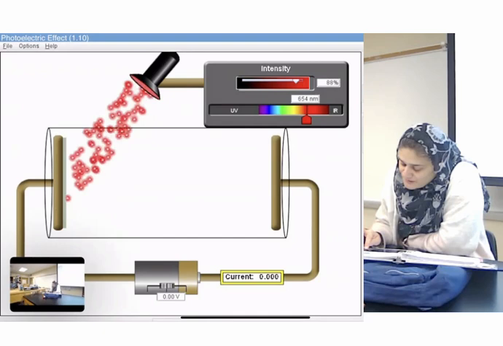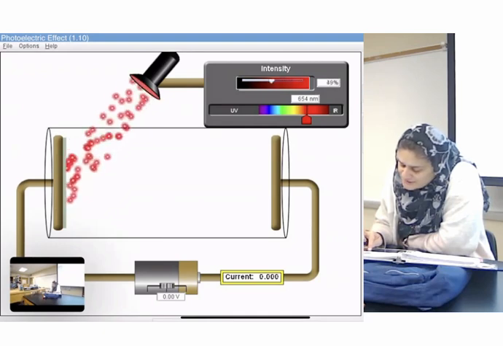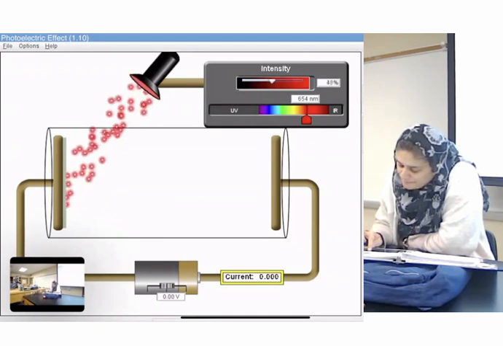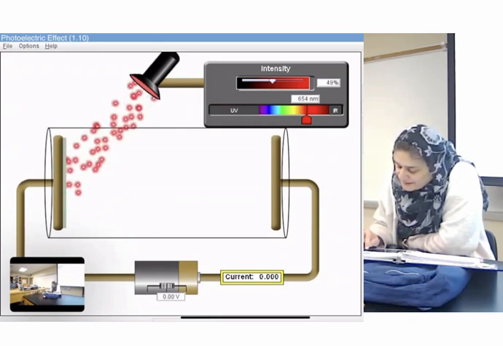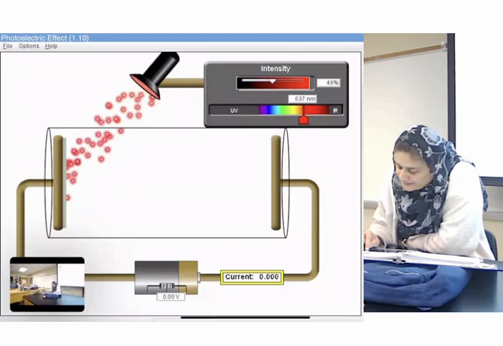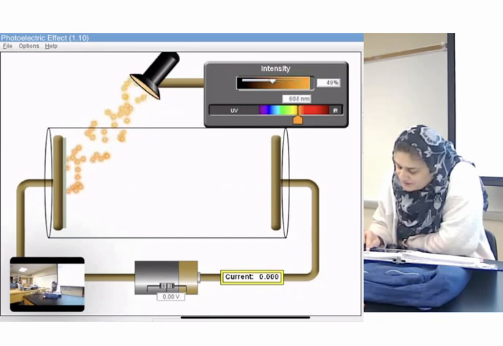But notice what happens when I decrease the intensity to maybe like 50%. Okay, maybe 49%. Okay, nothing's coming out, right? Nothing, nothing, nothing. I'm just changing the color of light.